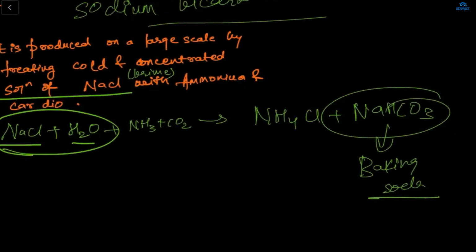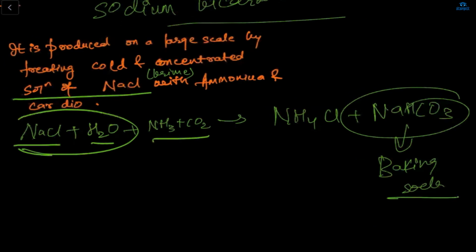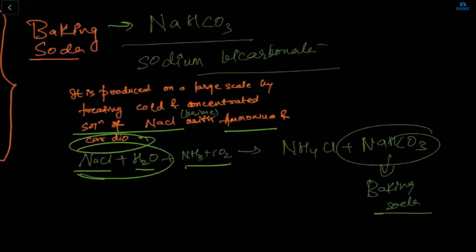If you learn this brine solution, then obviously you will get these two parts, NaCl and H2O. The third is ammonia and carbon dioxide. It's also easy. You will get this formula, NaHCO3 and NH4Cl. These two you will get.